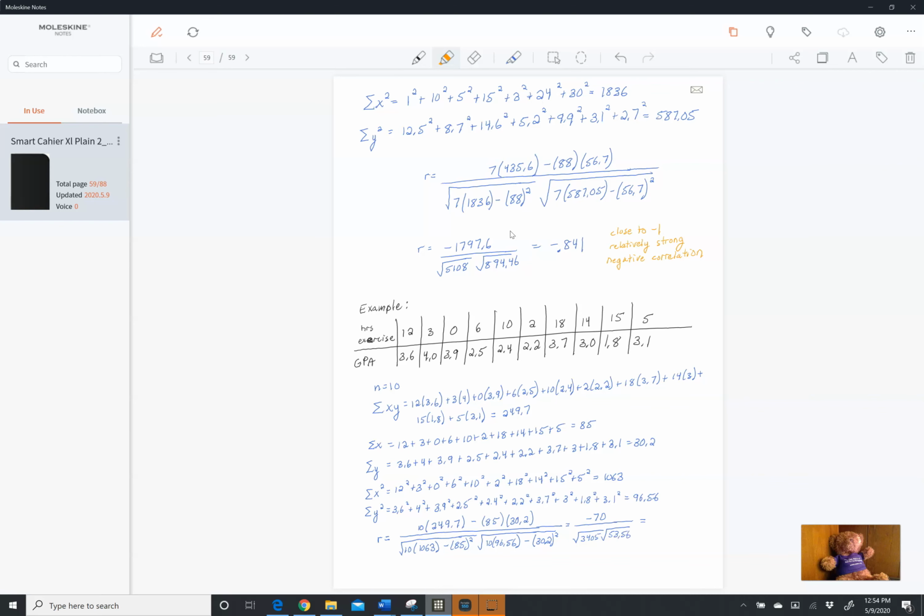And this gives us negative 0.164. Okay, this is close to 0. So there's no correlation, which is what we found in the graph, in the scatter plot.